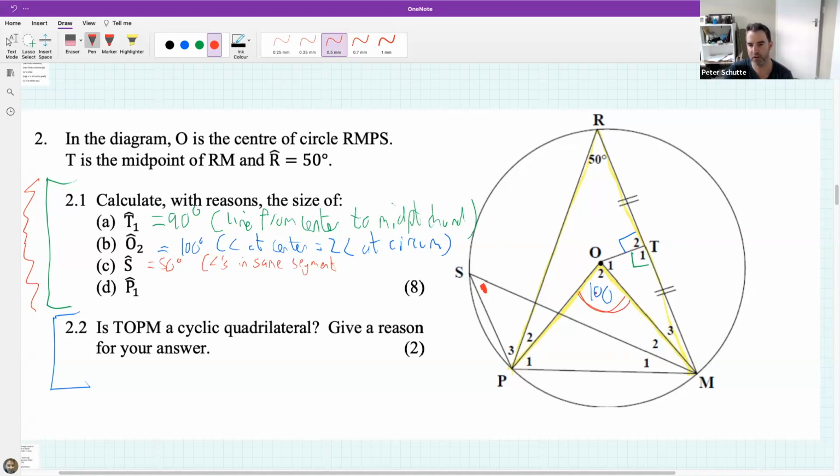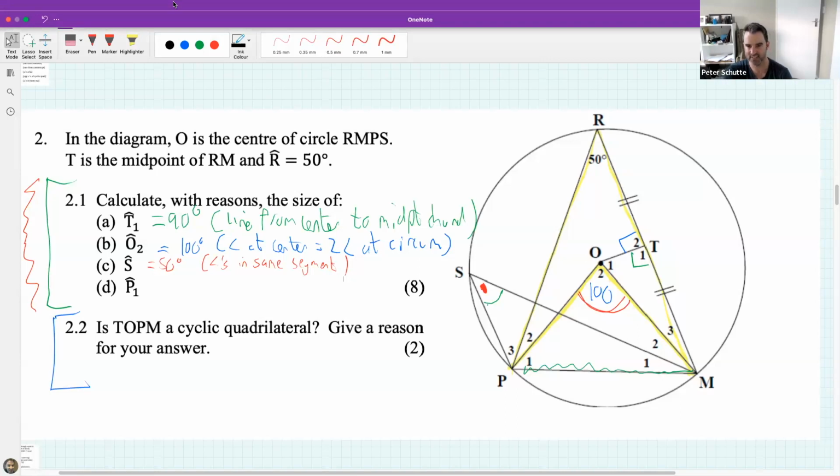What's half of 100? It's going to be 50. And this would just be the angle at the circumference, because you're still using this chord PM. So you could have done it that way as well. So we've got T1, we've got O2, we've got S. Now we've got to find what P1 is.